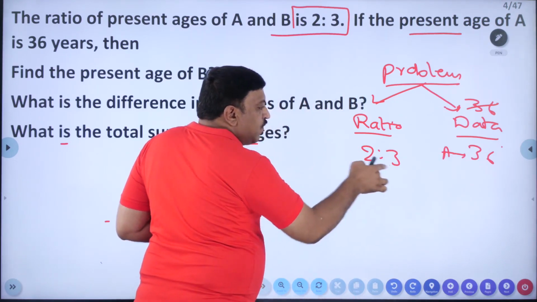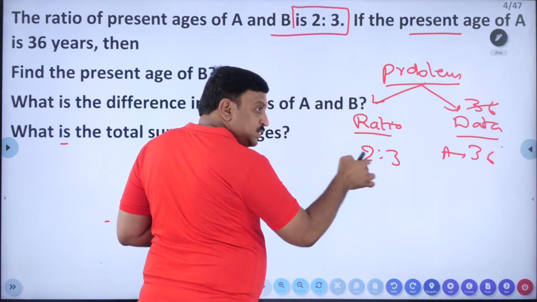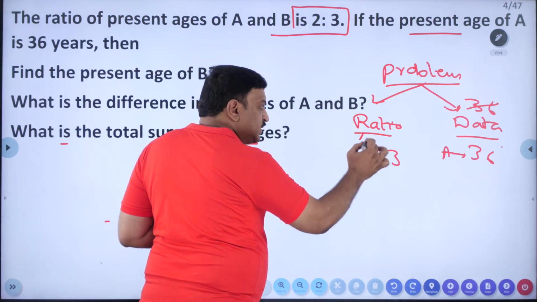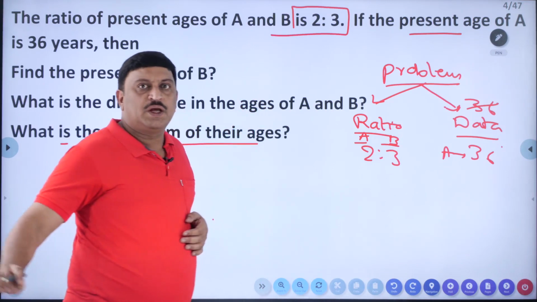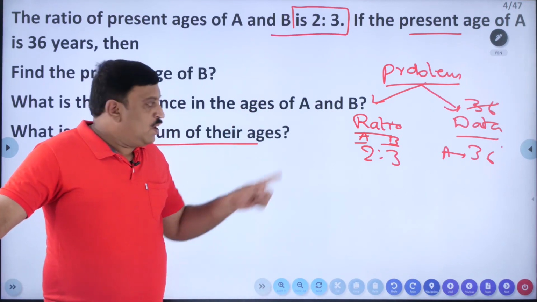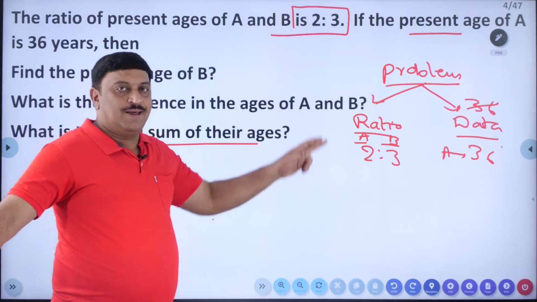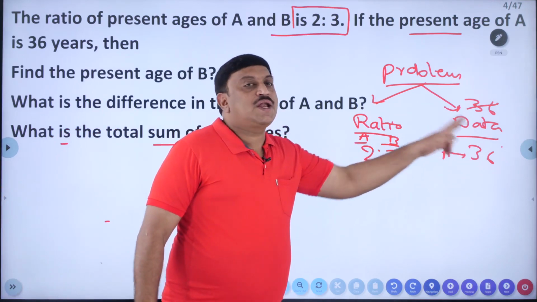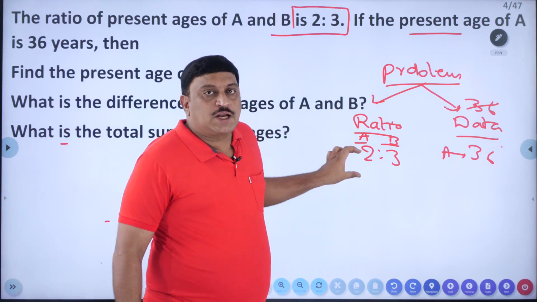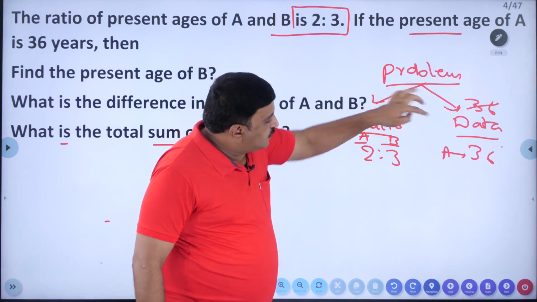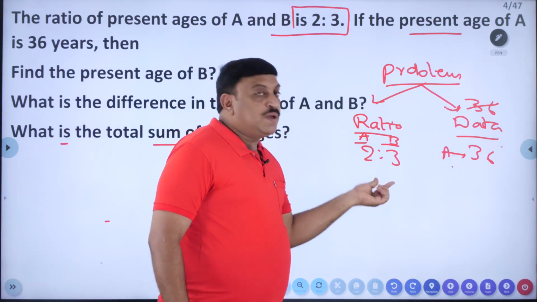In the ratio, what is A's part? 2 is the ratio, that is A is 2, B is 3. So you have to relate the corresponding data with the corresponding ratio parts. A is equated with A, then B should be equated with B only.